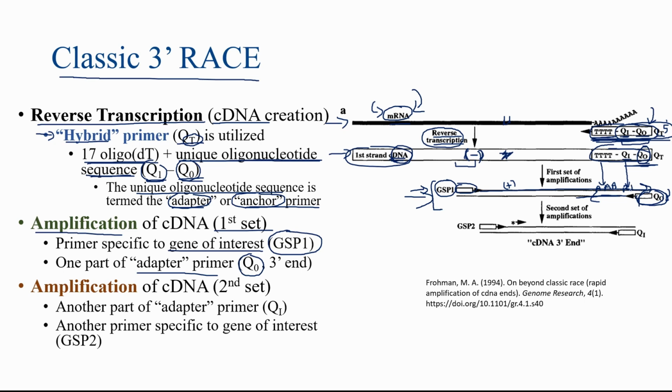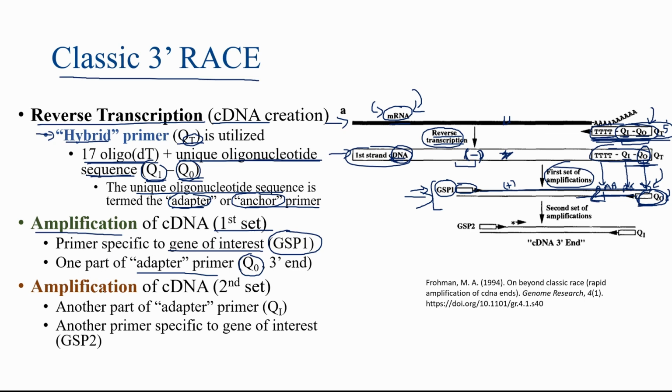So you'll have the reverse complementary sequence, and then you'll have the reverse complementary sequence of the QO. And since you have the reverse complementary sequence of the QO, this QO can actually anneal to its reverse complement and extend this way. This is the basics of the first set of amplification in classic 3' RACE.